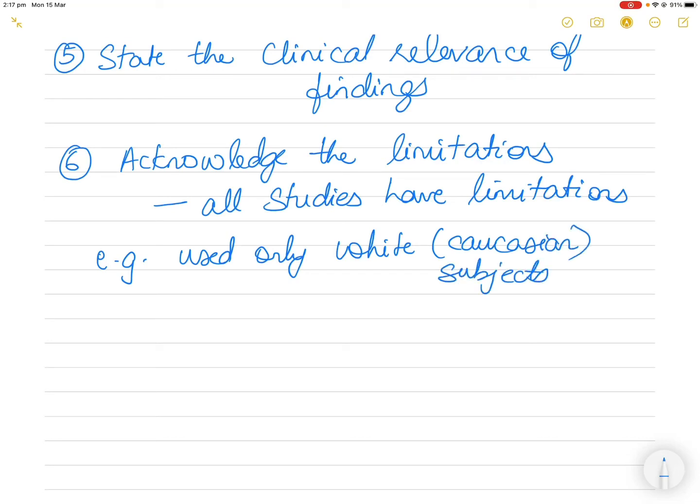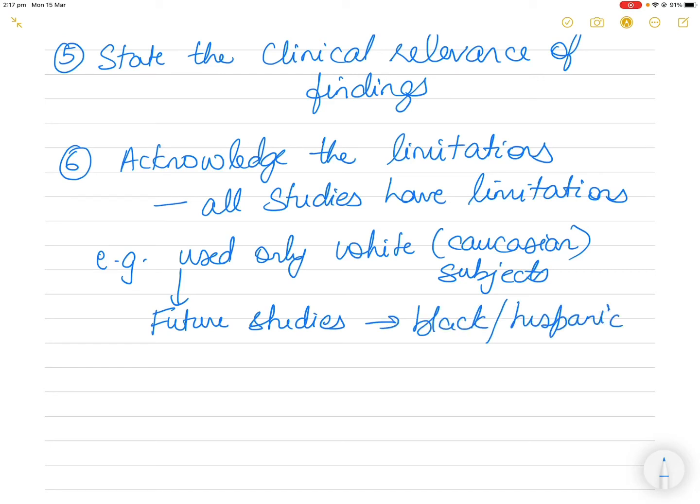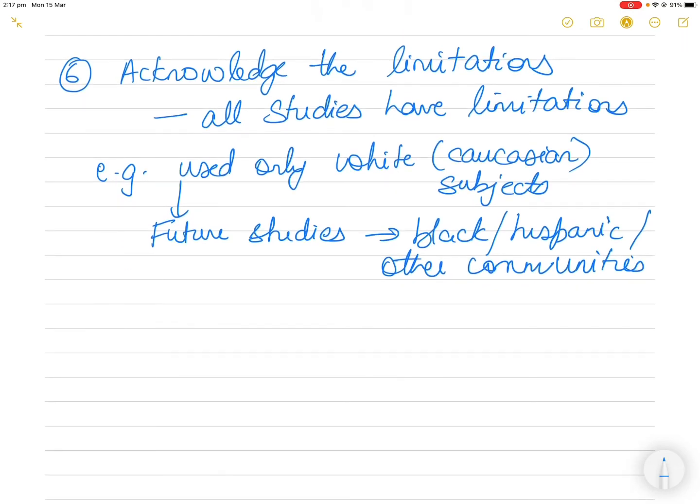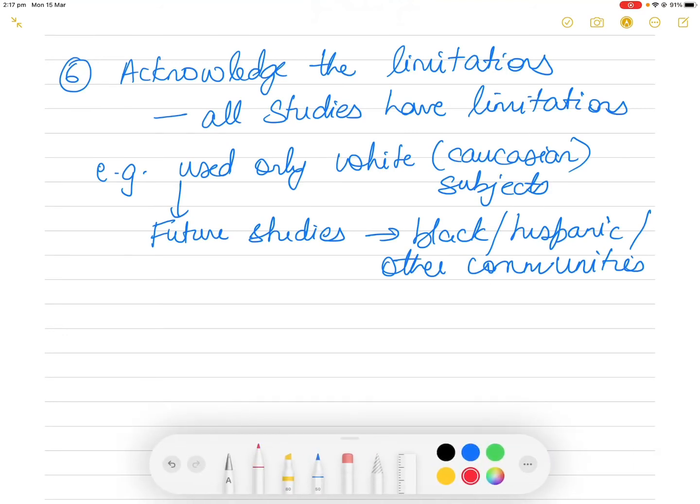In a way, how you can put it is that your future studies will research black, Hispanic, or other communities as well. So this is a limitation if you have studied only one kind of community. But then if you acknowledge it and then you say that this was because of some logistical issue, or it was because of your research interest, and further work will investigate other communities, that's fine as well.